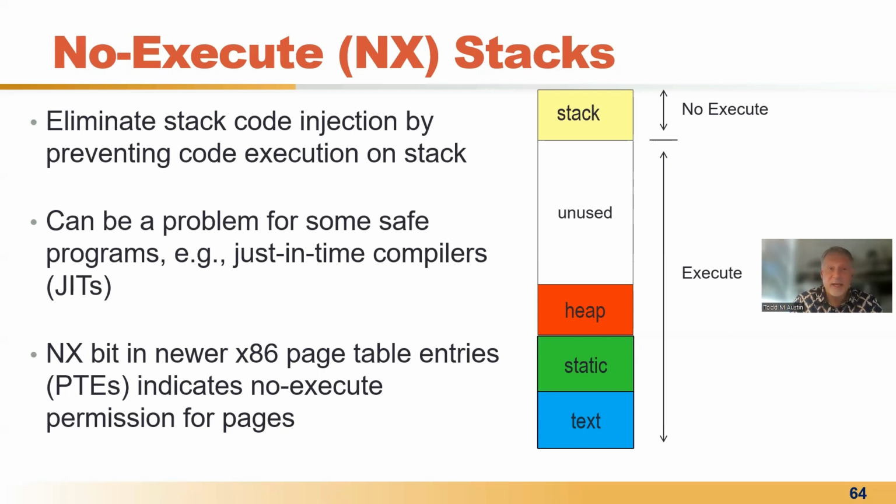The way we implement that is by using the no execute bit on pages that are allocated for the stack for a particular process. And in fact, in the heap, we're not going to allow any execution unless it's a JIT page. And in that case, we're going to allow only execution on those pages. And we're not going to mix data and code, hopefully, in those pages, so that we know which pages are executable and which pages are not.